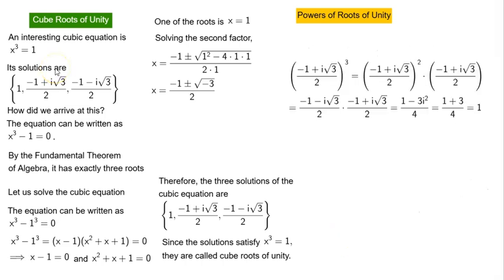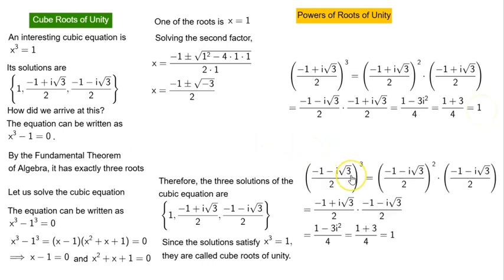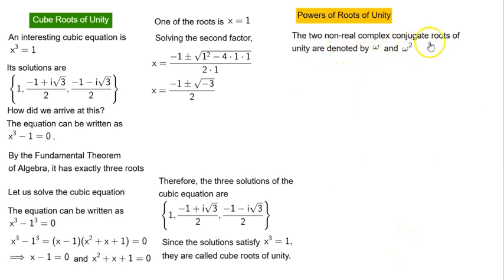Now let's look at the cube. So cubing the second root gives us 1 and cubing the third root again gives us 1. Now the two non-real complex conjugate roots of unity are denoted by omega and omega square.